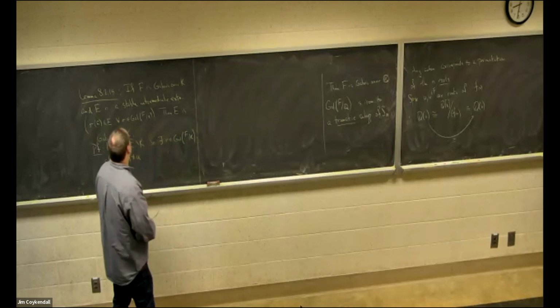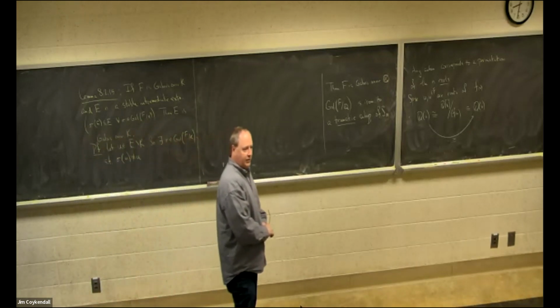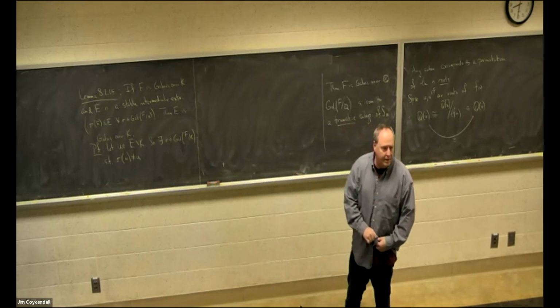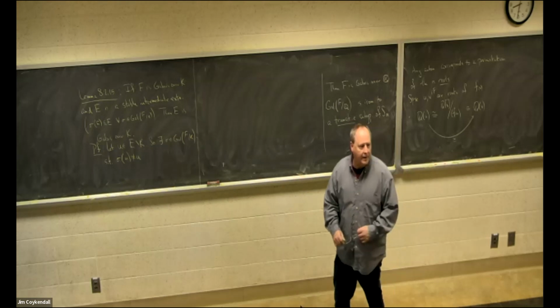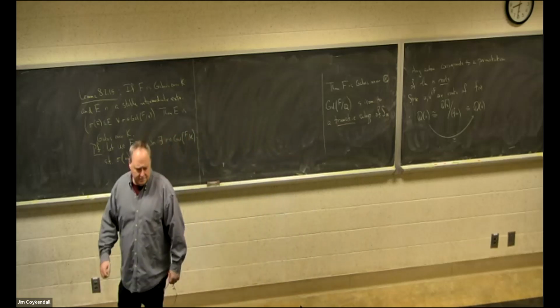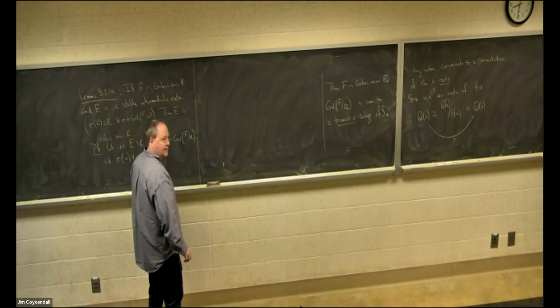Because this is our assumption that F is Galois over K. Can somebody tell me how this finishes things for me?